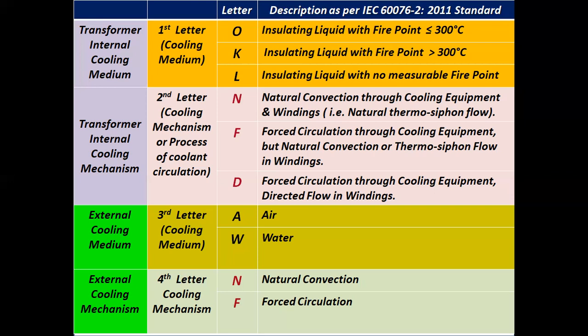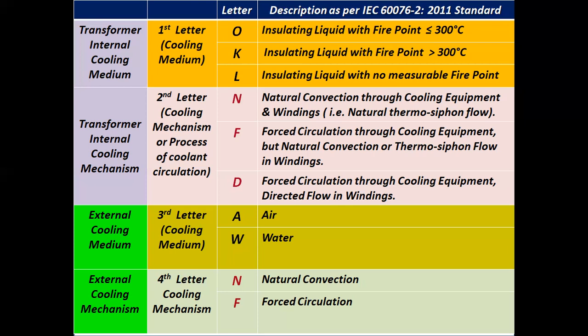Second letter, that is cooling mechanism or process of coolant circulation. N, natural convection through cooling equipment and windings, that is natural thermosiphon flow. F, forced circulation through cooling equipment, but natural convection or thermosiphon flow in windings.